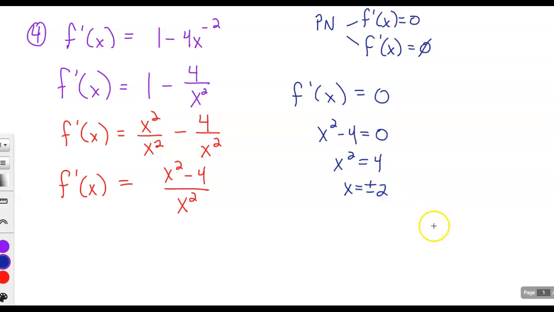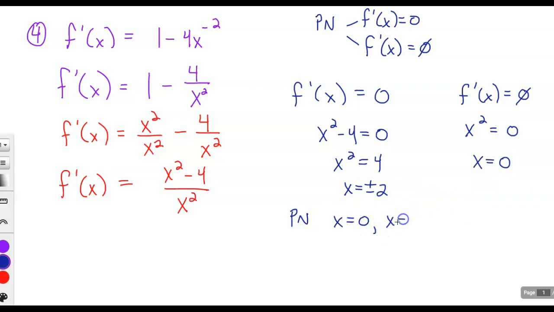That's another place that students make mistakes, is when they take the square root of 4 or any square root, they forget to write plus or minus. So here's 2 of my partition numbers, and then I'm also going to determine where my derivative is undefined. And so that means I'm going to set the denominator equal to 0, take the square root of both sides, I get x equals 0. So my partition numbers are x equals 0, x equals negative 2, and x equals 2.